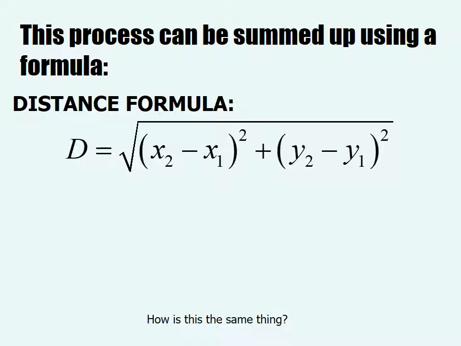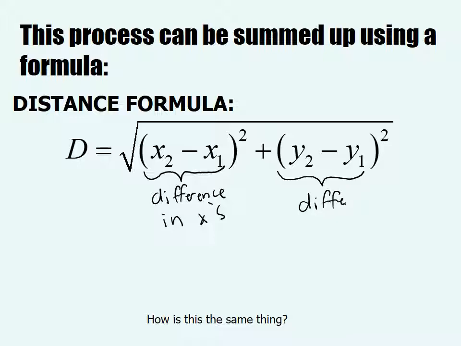The distance formula says that d, the distance, equals the square root of the difference in the x's squared plus the difference in the y's squared. Now, how in the heck is that the same thing?